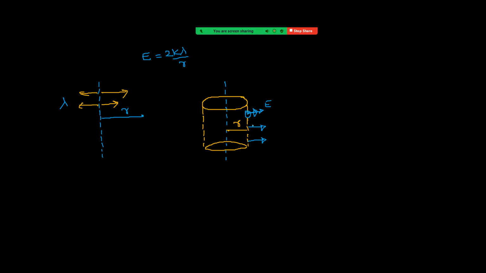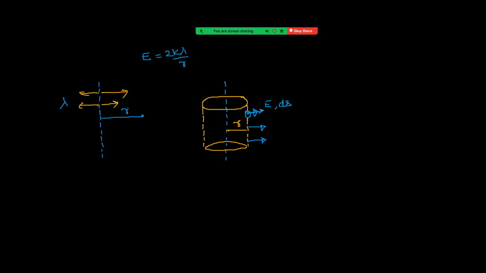That means at each and every point on the curved surface of the cylinder, E bar and ds bar are in the same direction. We are taking the outward normal as positive, so whenever flux is coming out, that flux is taken as positive.